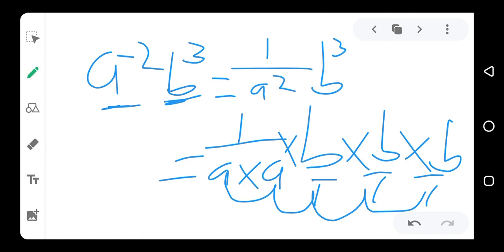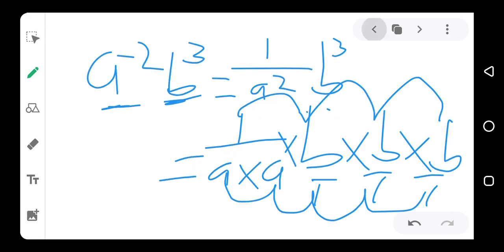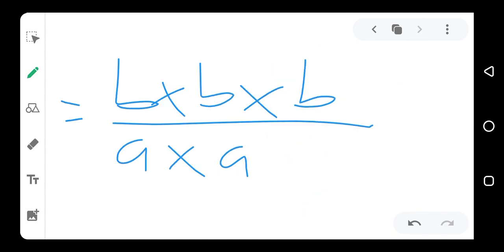So under, we are going to have only a times a, and on top, we are going to have b times b times b, and that is this thing we have here. So whether you leave it this way, or you get to this point, you will still get your full mark.